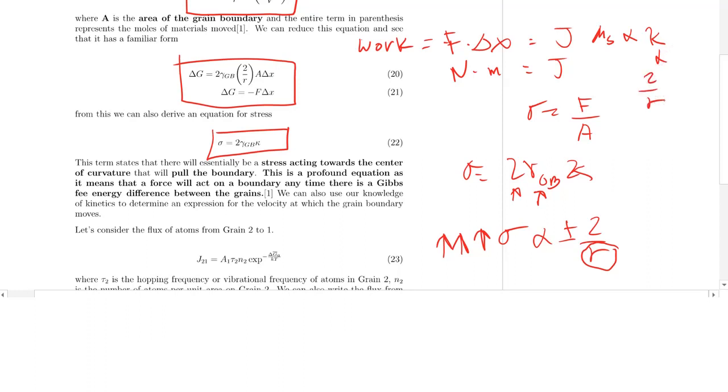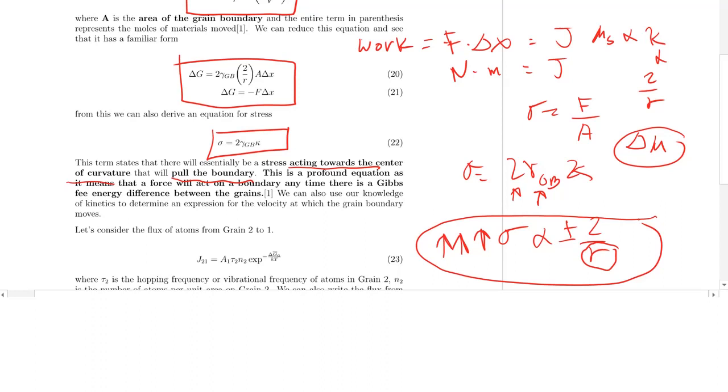So as your radius of curvature decreases, your chemical potential gets larger and larger. The driving force, delta mu, gets higher and higher. And the stress that's essentially acting towards the center of your curvature will pull the boundary more and more. So there's this nice connection between this whole driving force, stress, all based upon this key parameter here, curvature.